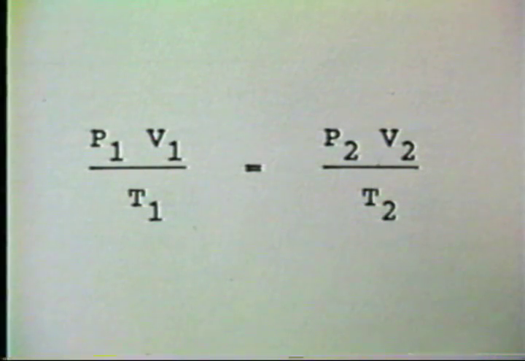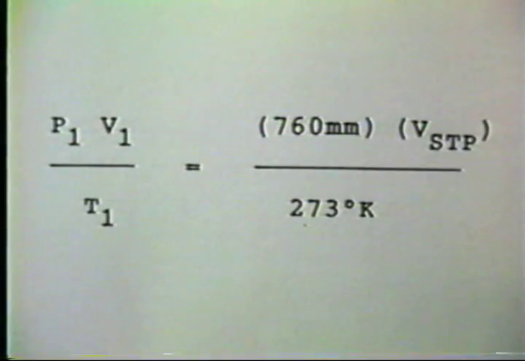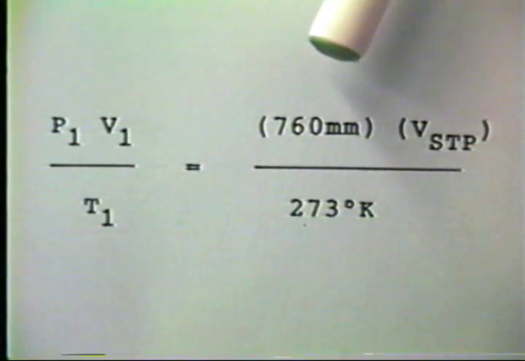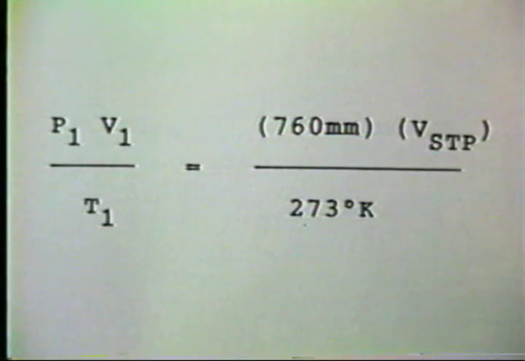This, for STP calculations, takes on the form where the 760 millimeters here represents standard atmospheric pressure. 273 degrees Kelvin is 0 degrees centigrade, and this then would be the volume at STP.